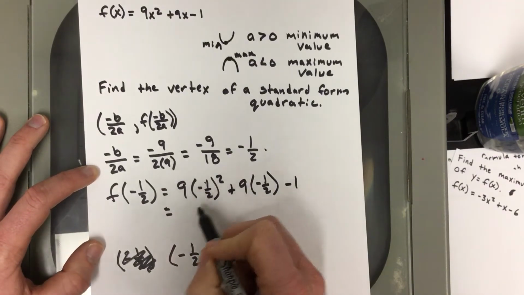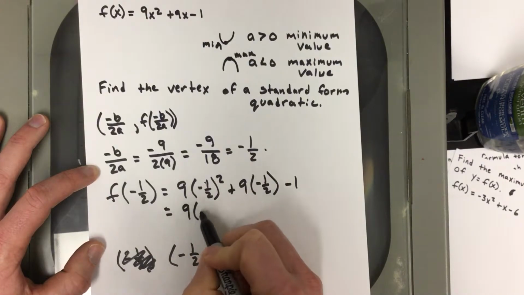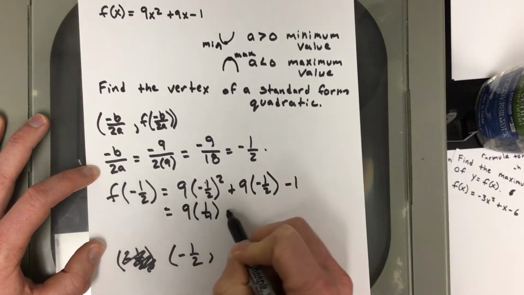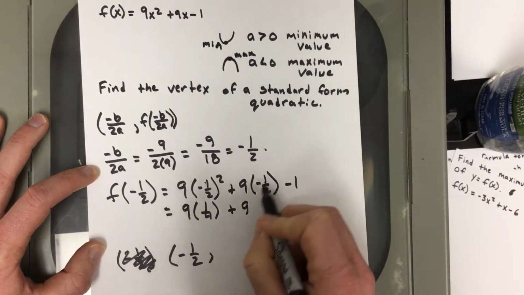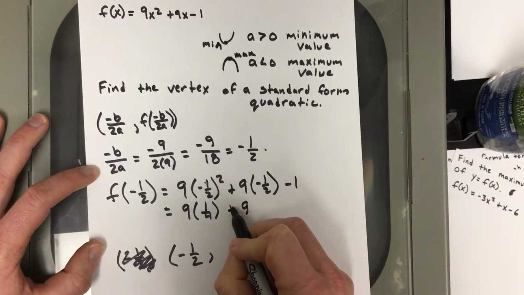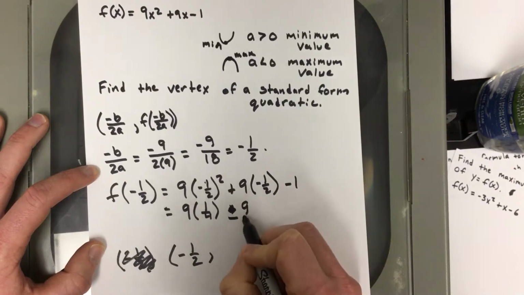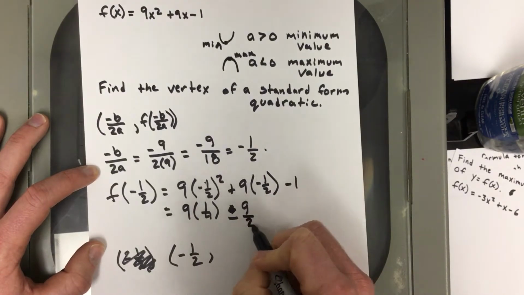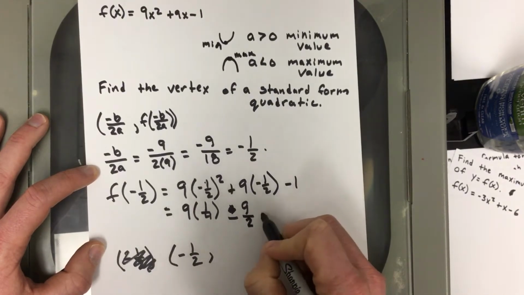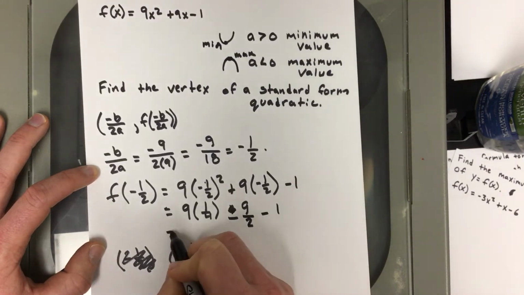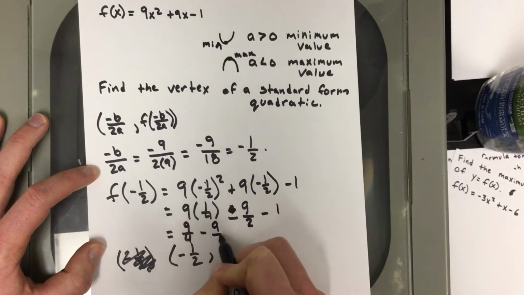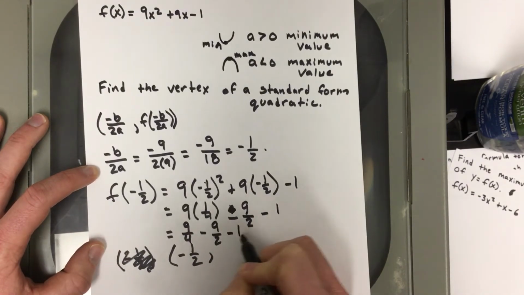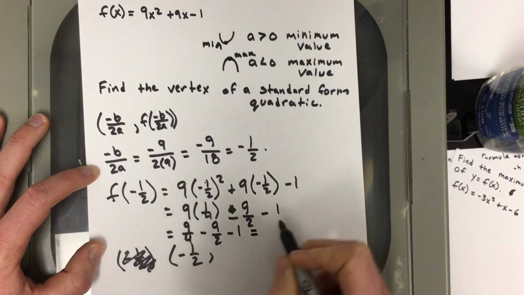So that's going to give 9 times 1/4, plus 9, or negative, I should multiply that. So that should be not plus, that should be minus 9 over 2, because 9 times negative 1/2 is negative 9 over 2, minus 1. So that's really going to give 9 over 4 minus 9 over 2 minus 1, which we can find common denominators for all these.